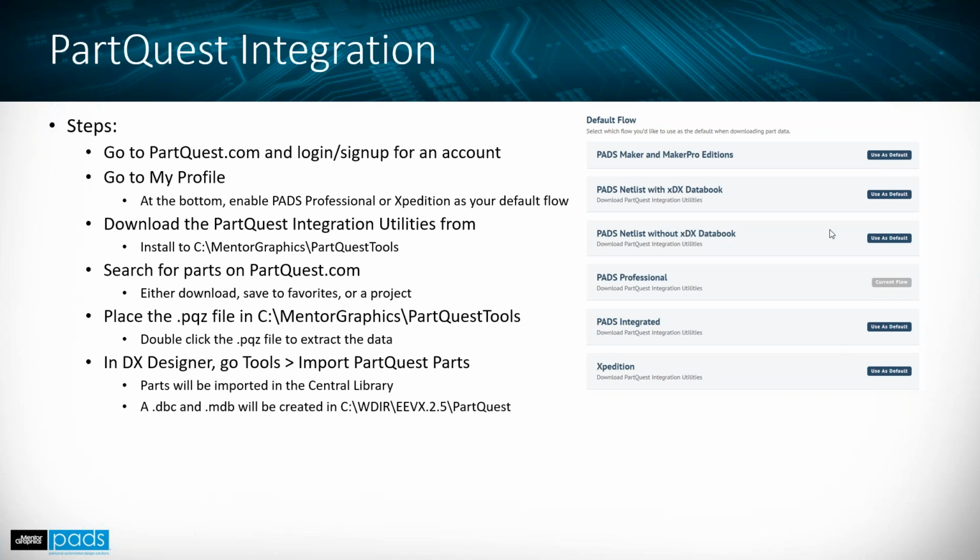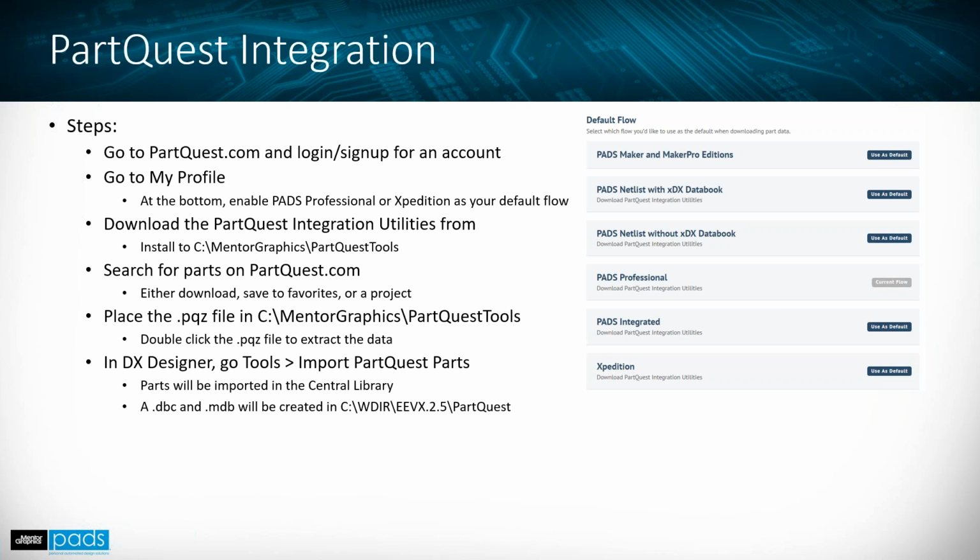You can see on the right-hand side I have all of my flows that are available with PartQuest. In this screenshot I was utilizing PADS Professional, and all you have to do to change it to Expedition, for example, is click on the Use as Default button, and that will automatically download those parts in the correct format for you. All these buttons are doing is changing which format your parts are going to be downloaded in.